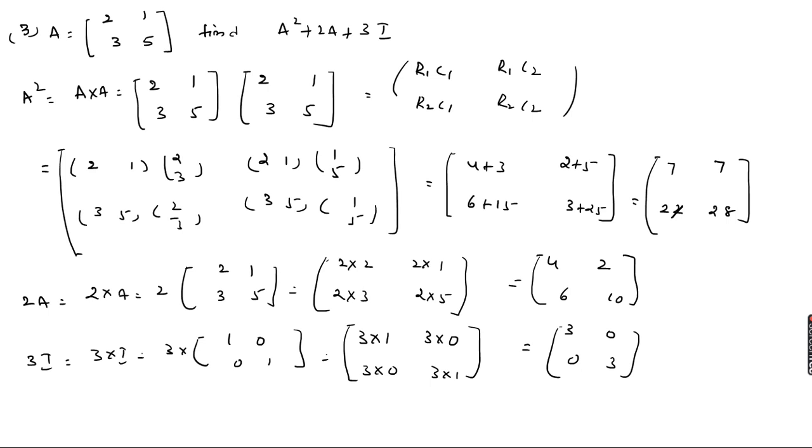Okay, and we write A square plus 2A plus 3I. What is A square? 7, 7, 21, 28.